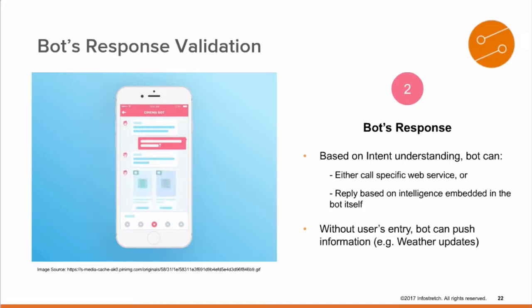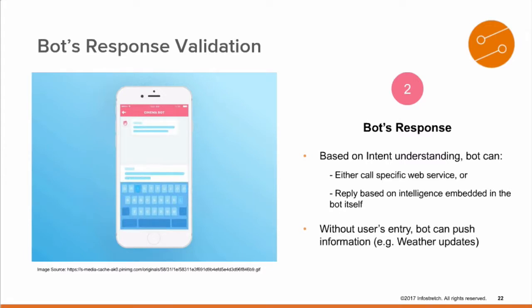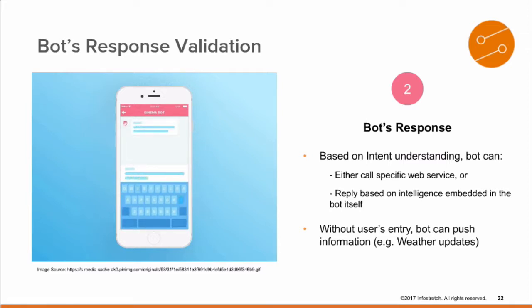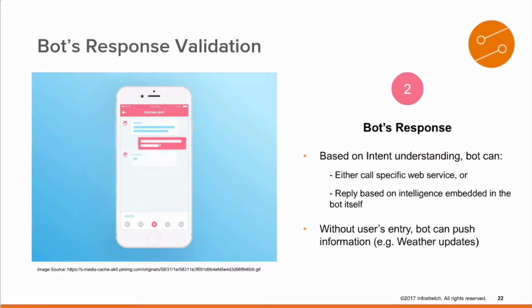And response validation automations can be built around current backend web service automation, because responses are basically data that's coming back from the backend bot intelligence. So if you have existing backend intelligence which is built for other purposes and is going to be repurposed for bots, response validation has to be built on top of it as a best practice, so you can leverage a lot of the backend intelligence that's already been built out.